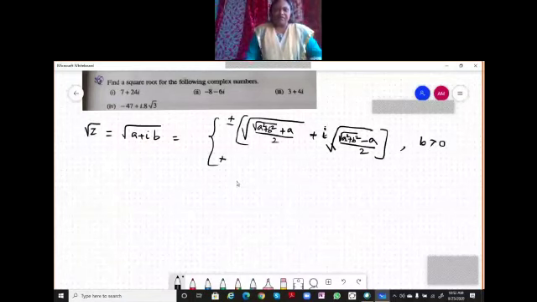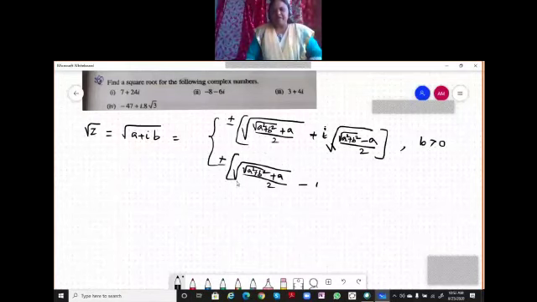You can easily say this. The square root of (square root of a squared plus b squared, plus a) by 2 will be the same. Here we get minus i into square root of (square root of a squared plus b squared, minus a) by 2. Isn't it? This is the case when b is less than 0.